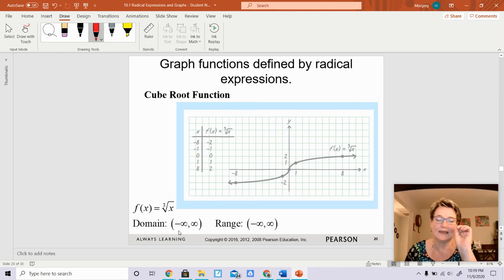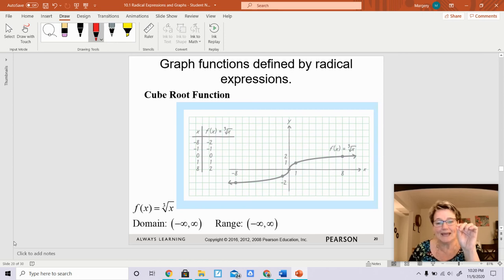Now for the range, this is the positive y-axis, this is the negative y-axis. As this thing grows, it goes on forever in this direction, and it increases a tiny bit each time. Same thing here.